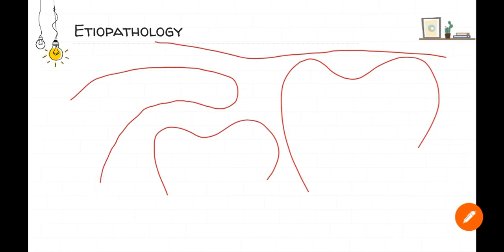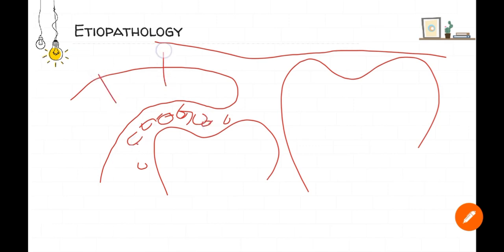Every time we chew or eat something, food gets lodged in this area, and if you don't clean this area, which is sometimes very inaccessible, food lodgement can create a very good environment for bacteria. So this area subsequently gets inflamed due to food present here and bacterial involvement.